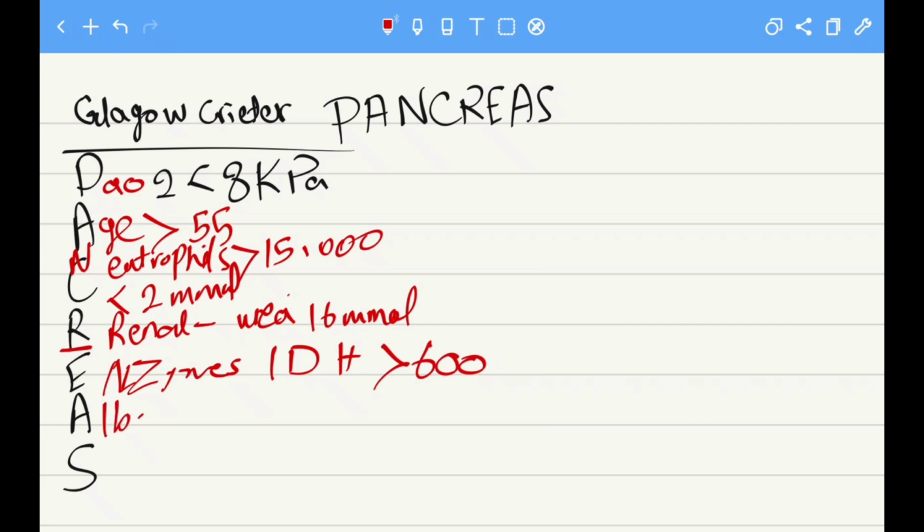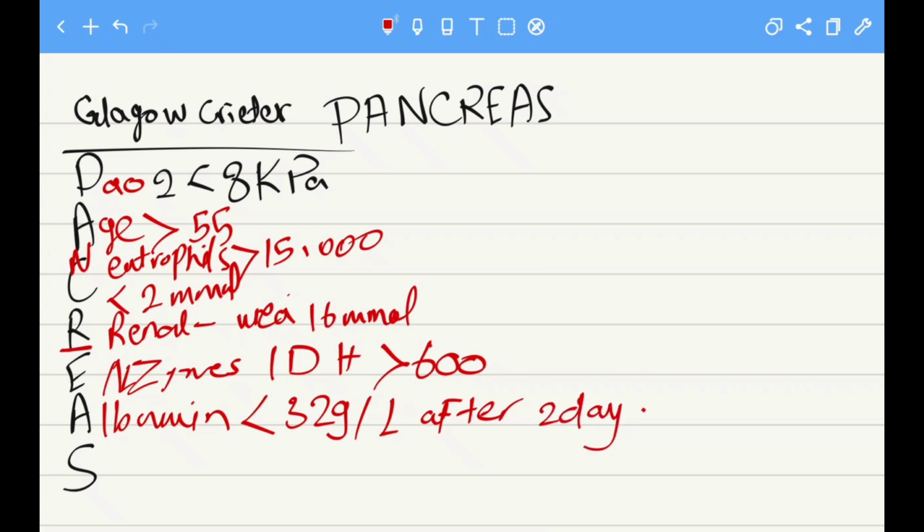A is for albumin, which will be less than 32 grams per liter after 2 days. And finally S is for sugar, glucose.